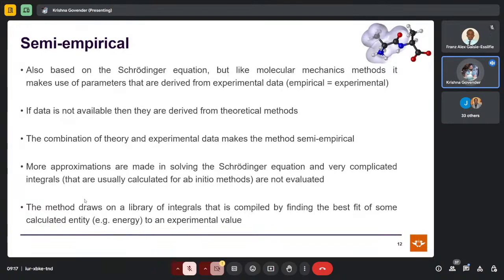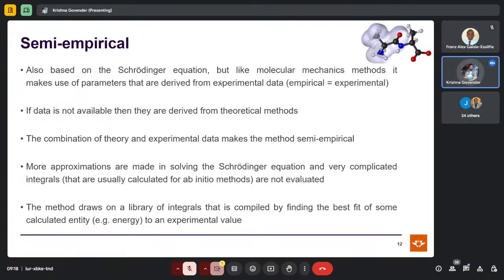Right, the next method we have is semi-empirical. Semi-empirical is also based on the Schrodinger equation, but it's substantially faster than Hartree-Fock, mainly because now you're working with both parameters and quantum mechanics. Each of these quantum mechanical simulations typically takes many, many different integrals to solve the problem.